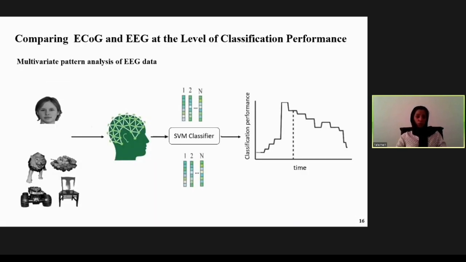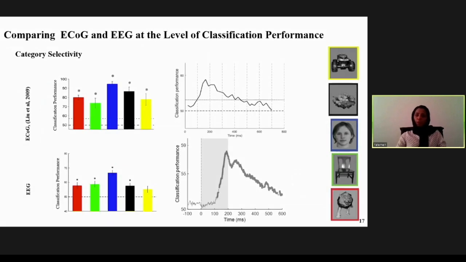In order to evaluate the earliest time point at which we could reliably decode category information, we constructed condition-specific vectors using the EEG amplitudes over all electrodes and used an SVM classifier to decode object categories at each time point. In this figure, we see the classification performance as a function of time, averaged over all categories and subjects.